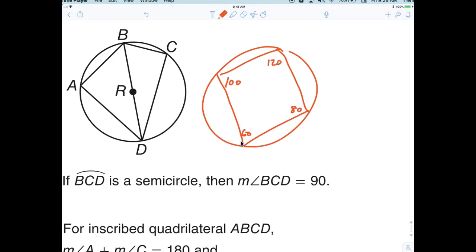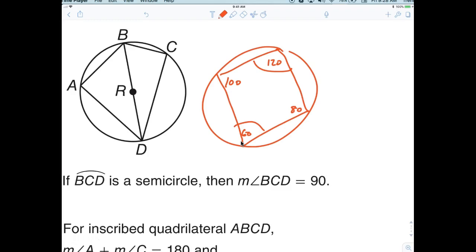Now, hopefully you understand why, because essentially you're dividing the circle in half, correct? But anyway, just remember, the opposite angles of an inscribed quadrilateral must be supplementary. Right?